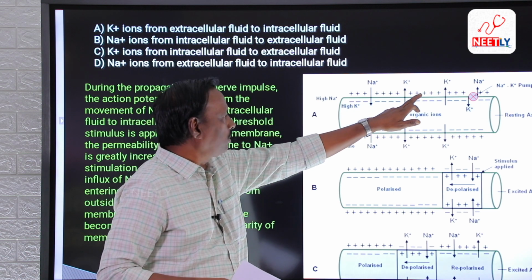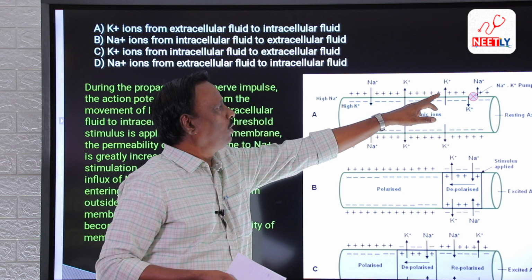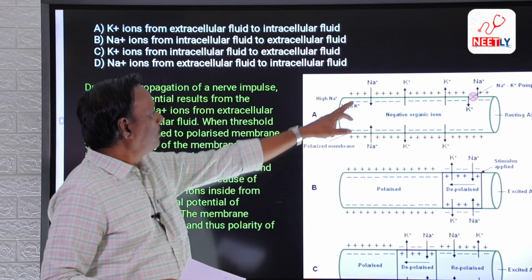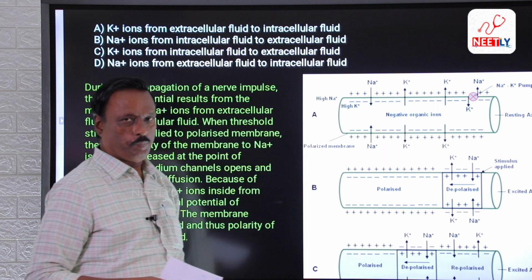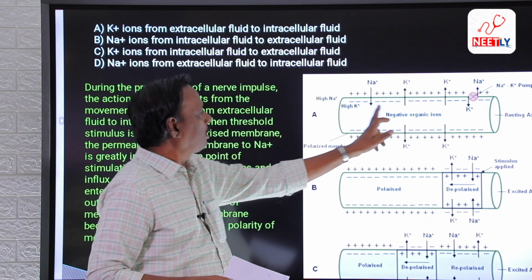So outside of this neural membrane, everything is positive because of the presence of sodium, whereas inside it is all negative.